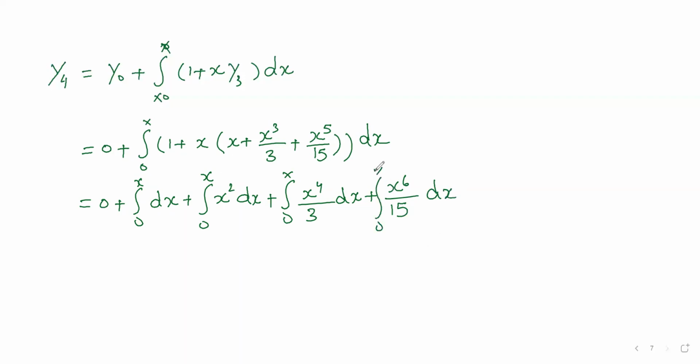So now we will have 0 plus x squared. Sorry, this one will be x, it will not be squared. x plus x cubed by 3 plus x to the 5 by 15 plus x to the 7 by 7 into 15.